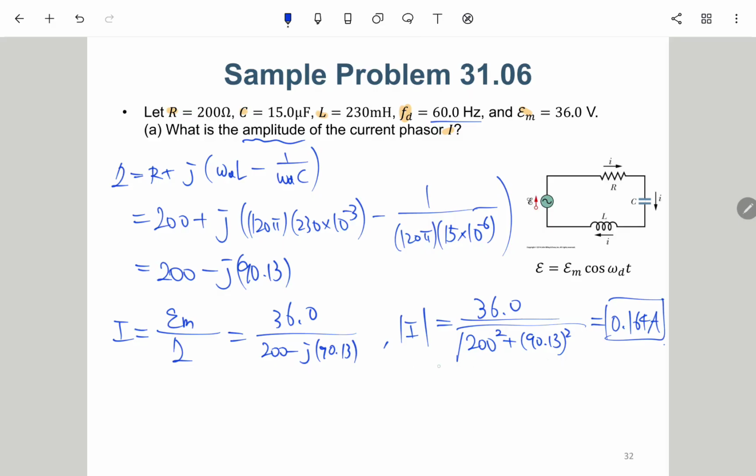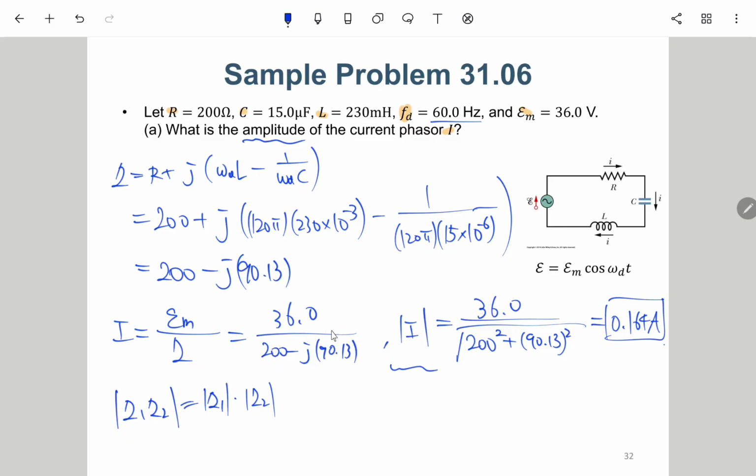And actually, for the absolute value, when you have two complex numbers multiplied together and then take the absolute value, it will be nothing but taking the absolute value first and then multiplying the absolute values together. So here is the case. Division is like multiplying by the reciprocal of one of the complex numbers. So the absolute value of 36 is 36, and then the absolute value here will be the square root of 200 squared plus 90.13 squared.